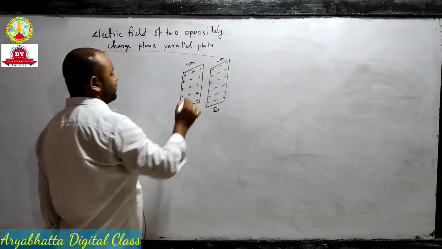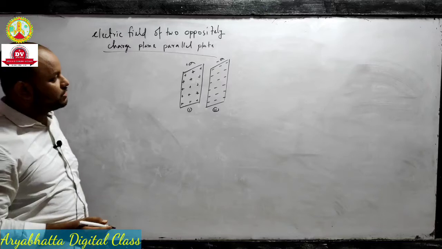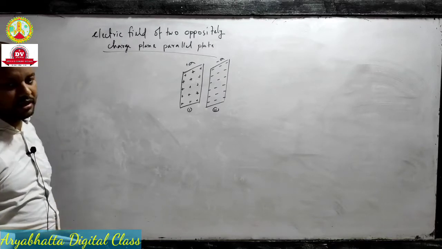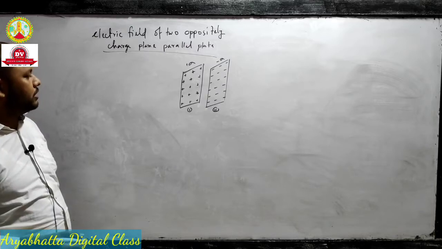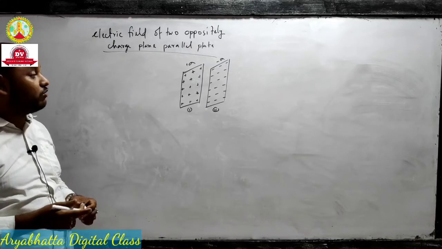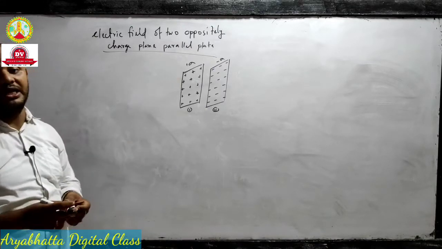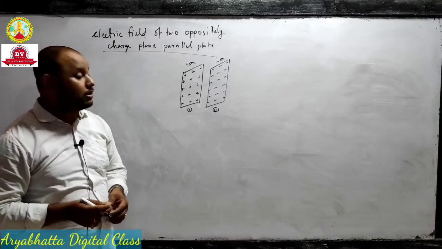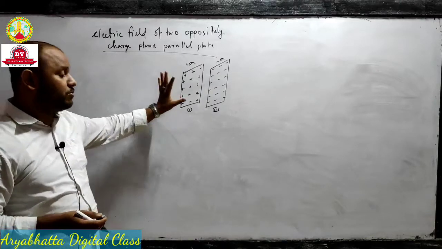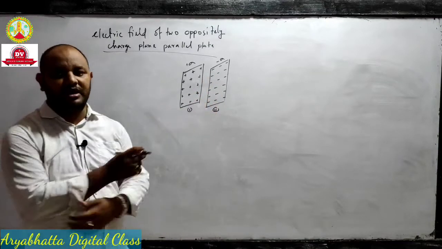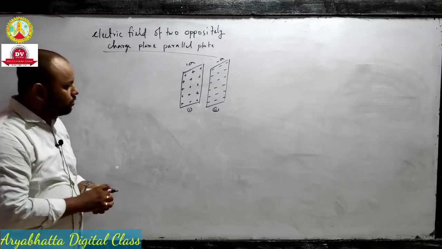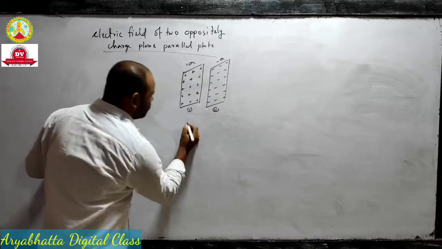For the first plate it is plus sigma, and for the second plate it is minus sigma. That means the charge per unit area for both plates is the same. The difference is that on plate 1 the charges are positive and on the second plate they are negative. We can draw it like this also.